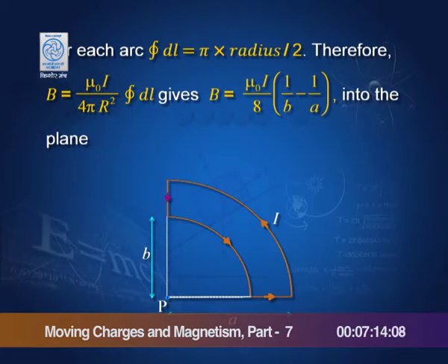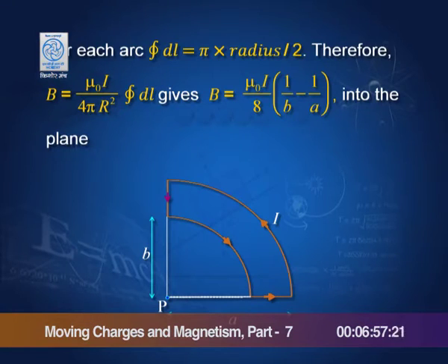Now, for this radius is B, so it will be mu 0 I by 8 into 1 by B, and this radius is A. So, it will be mu 0 I by 8 into 1 by A. Now, why this minus sign? Because the field due to this is in one direction and the field due to this is in the opposite direction.